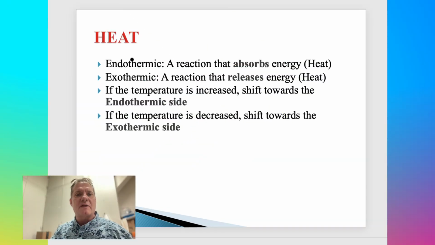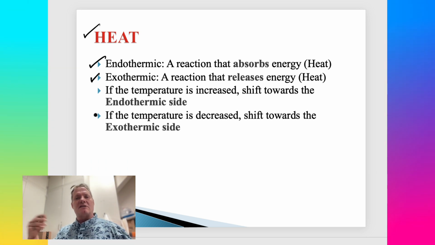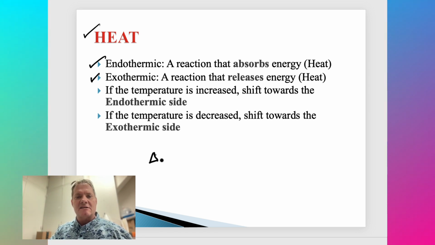One of the other stresses we can introduce to a system is by adding or removing heat, by changing the temperature. We know that endothermic reactions are systems that absorb heat energy. Exothermic reactions are reactions that release heat energy. Now, how can we tell by looking at a reaction if it has an endothermic or exothermic reaction?